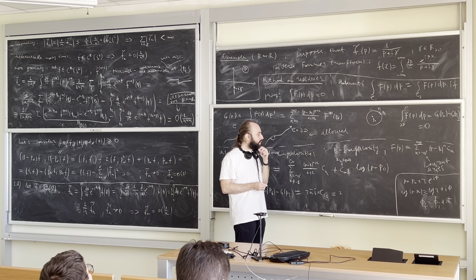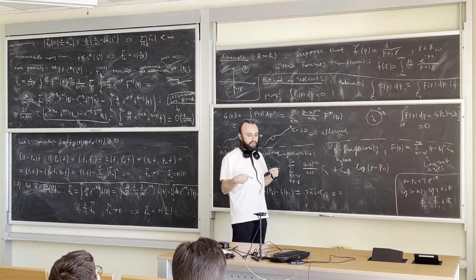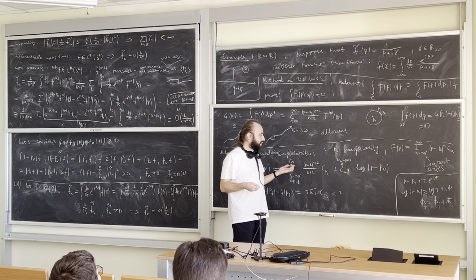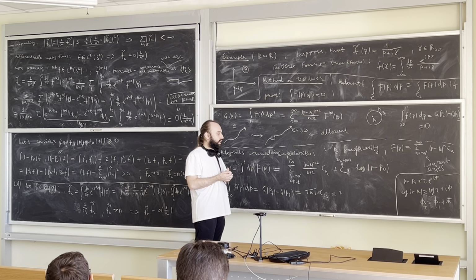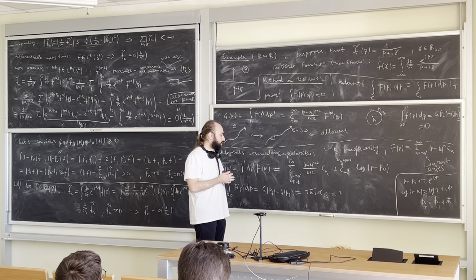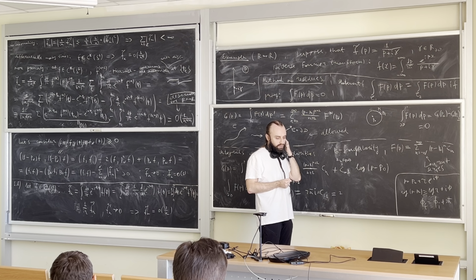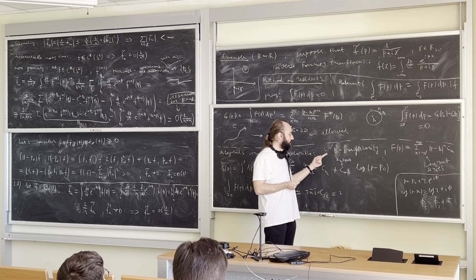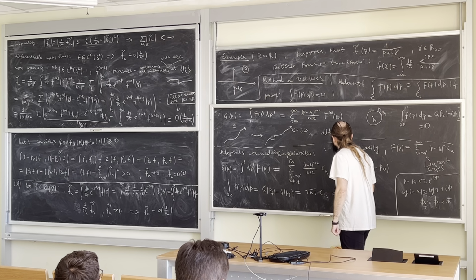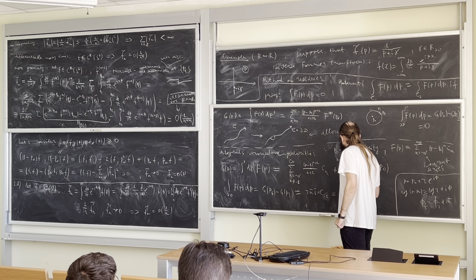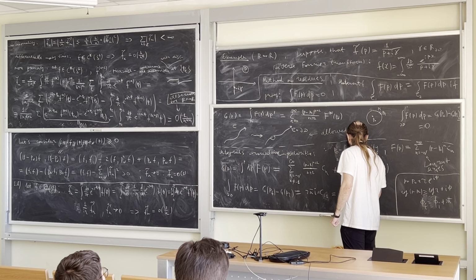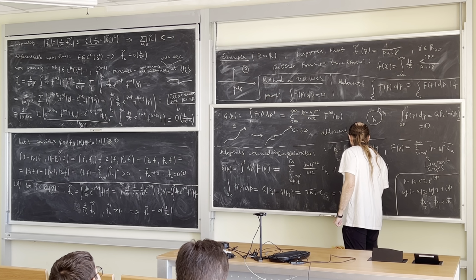So there is a residue of a one-form, but not of a function, because if you change coordinates, for example, if you scale p by a factor of 2, then the coefficient of f is not invariant, but the coefficient of f times dp is invariant. So it is 2 pi i times the residue at p equals p0 of f of p dp.